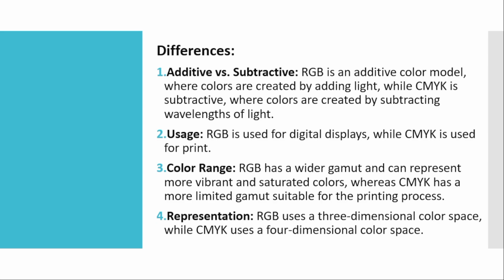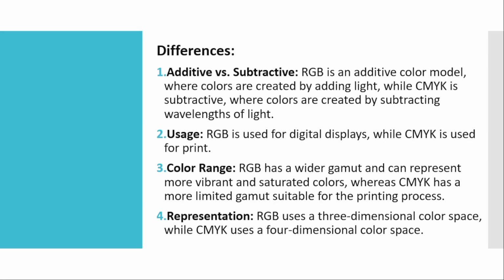So while CMYK is used for printing. All right. So RGB has a wider gamut or color range than CMYK, because CMYK has a more limited gamut suitable for the printing processes.